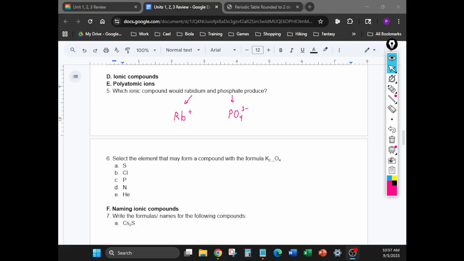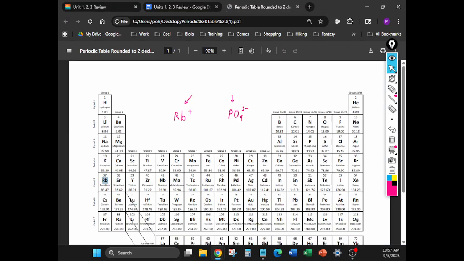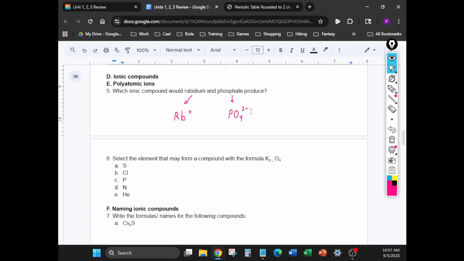So for 5, you should know from the most common ion pattern that rubidium is in the first column of the periodic table, right? So the most common ion is +1. You do need to memorize, again, the polyatomics that are important. Phosphate is PO4 3-, and if you didn't memorize it, you'd be in trouble for the exam, because if you didn't know what phosphate was, you wouldn't know the formula, and you wouldn't know the charge.